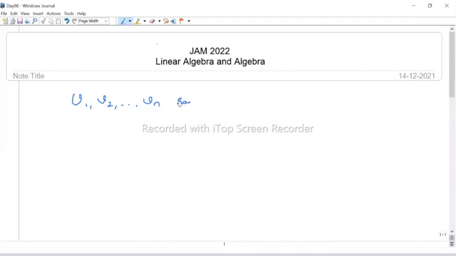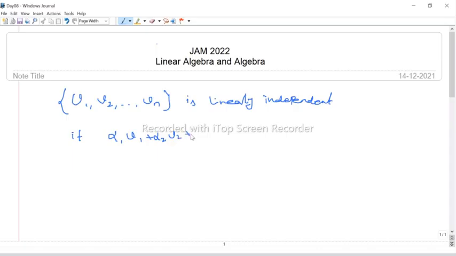We say the set v1, v2, etc., vn is linearly independent if you consider the vector equation alpha 1 v1 plus alpha 2 v2 plus etc. plus alpha n vn, and this equation has only the trivial solution.